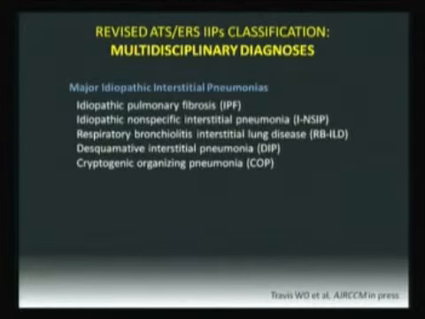Then we have the major discussion about BOOP or COP. The Americans like the term BOOP, bronchiolitis obliterans with organized pneumonia. Why do they like the term? Because it sounds, well, BOOP, right? Actually, it doesn't mean anything. On the other side, the UK experts like COP.